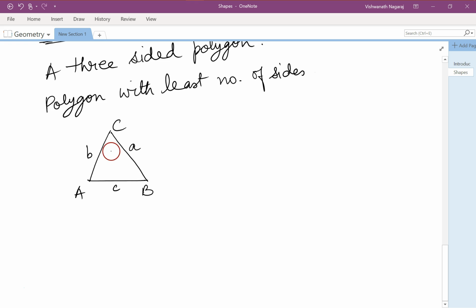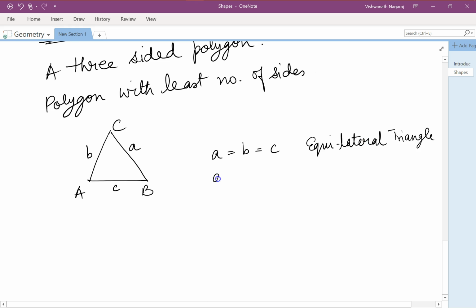Based on the length of the sides, we can categorize these triangles into three types. If a is equal to b is equal to c, that is, the length of the sides is equal, then we say it's an equilateral triangle, equi means equal. If a equals b and not equal to c, that means two sides are equal and the third side is unequal, then we say isosceles.